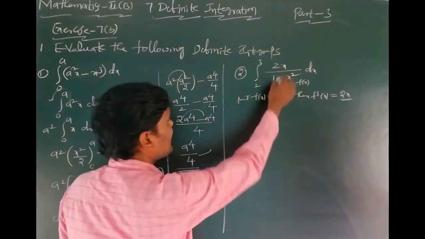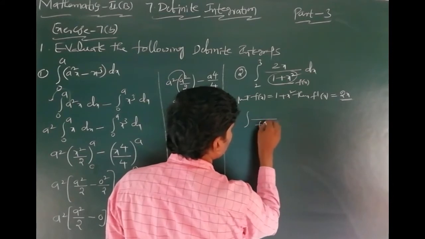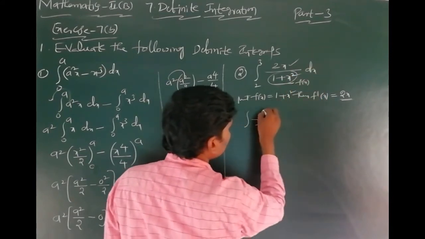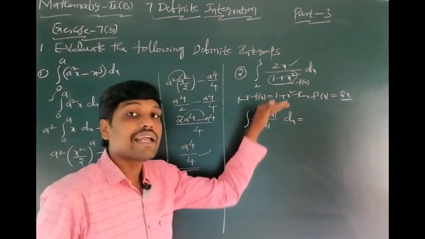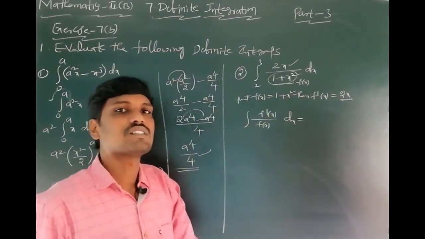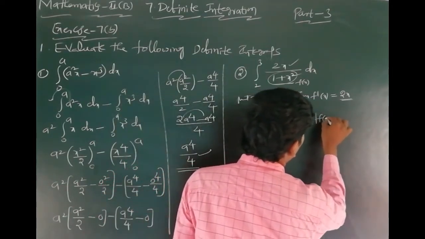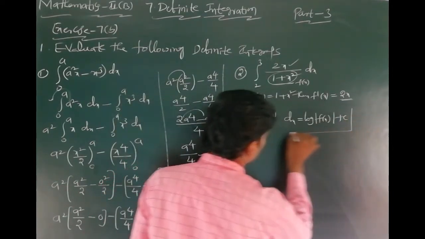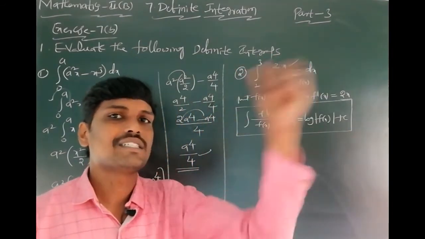You can write in this formula: this one is f of x, and its derivative 2x is f dash x, into dx. You know the formula: integral of f dash x by f of x into dx is log of mod of f of x plus c. This formula is also used in the integration topic.